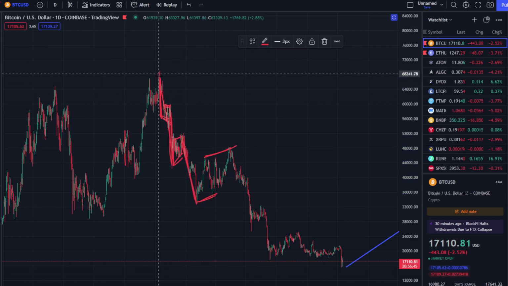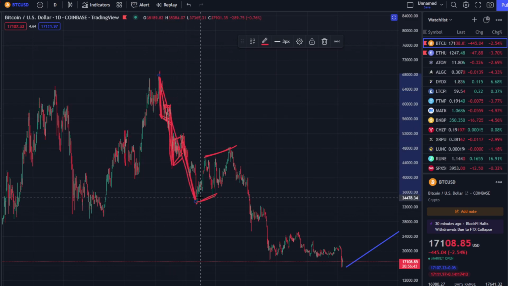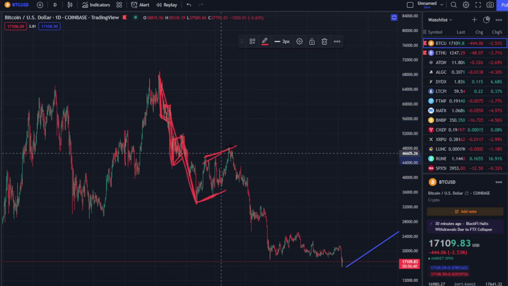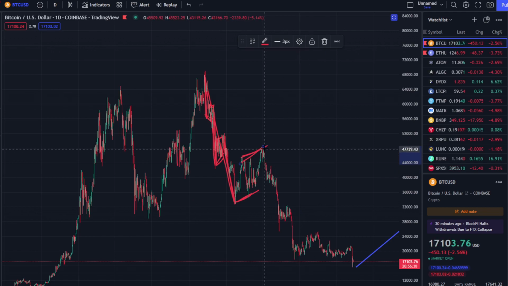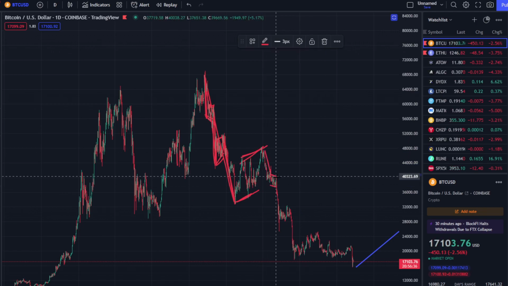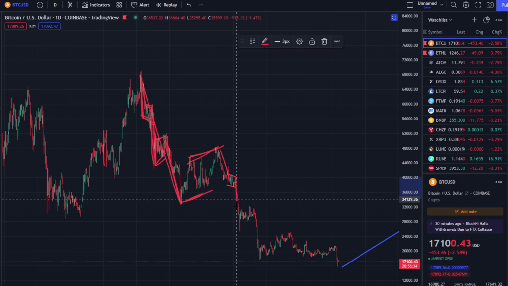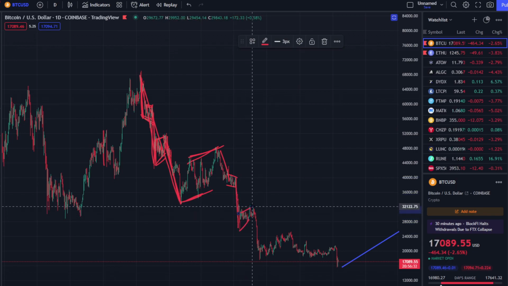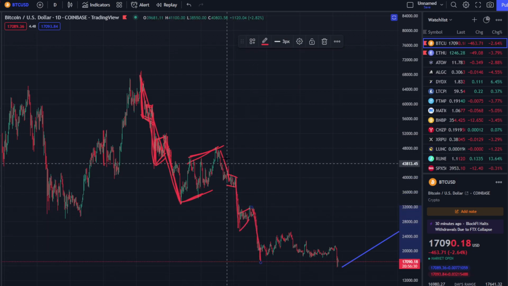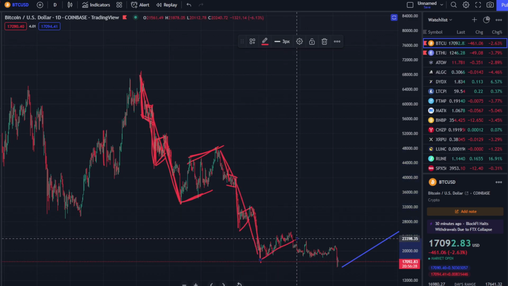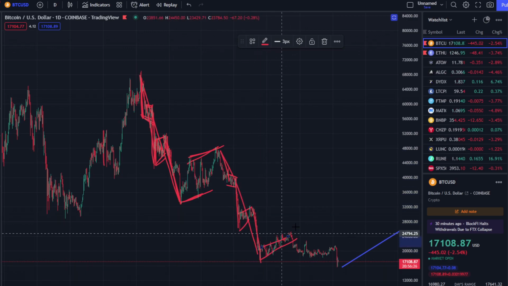So now all this impulse needs to be corrected, and that's why we've got to see a bigger correction. So again, small impulse, small correction right there, probably a running flat, small impulse, small correction again, small impulse, and now we've got to see a bigger correction for this impulse.